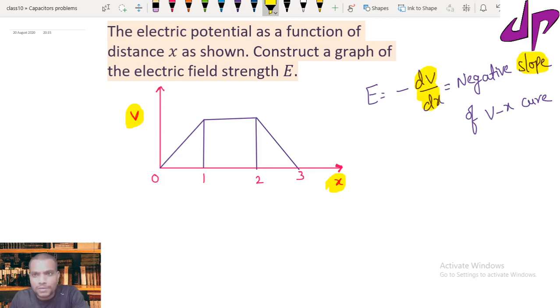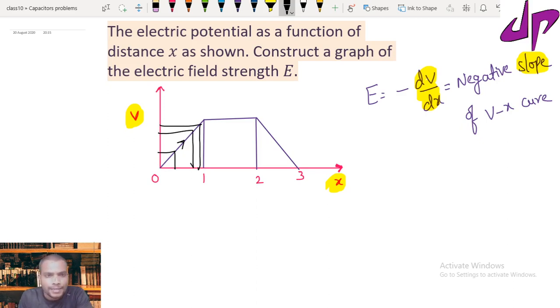Now look carefully at the V versus x curve from 0 to 1. Potential is increasing as the distance is also increasing.